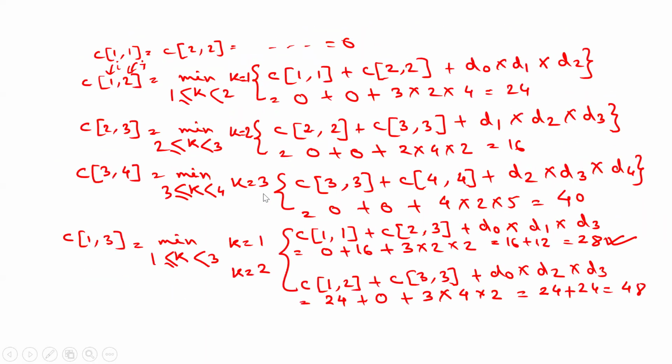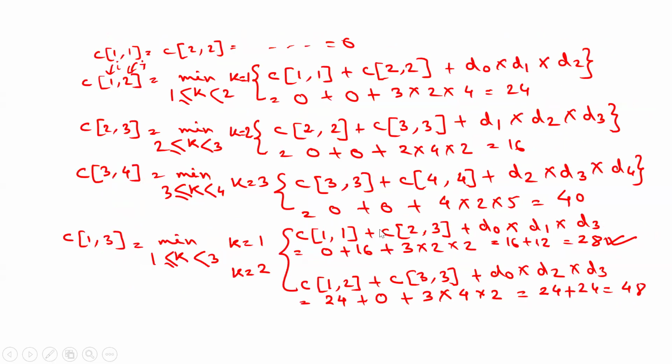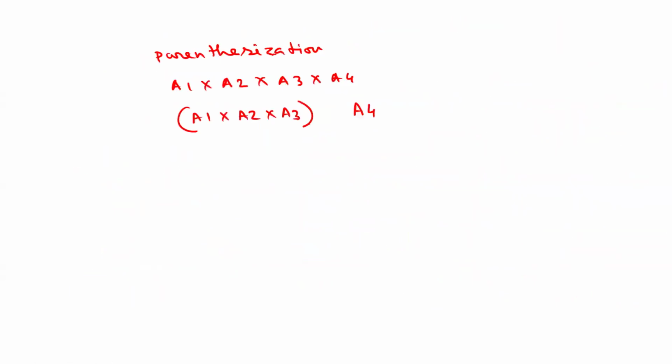Next, for 1 to 3, what is the value? For 1 to 3, that is 1. So from 1, we break the multiplication.